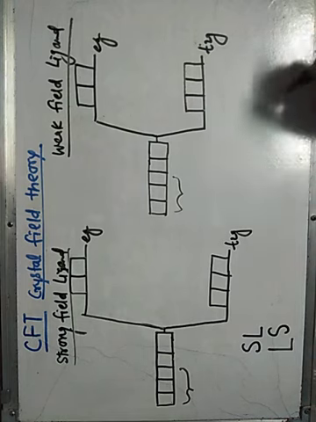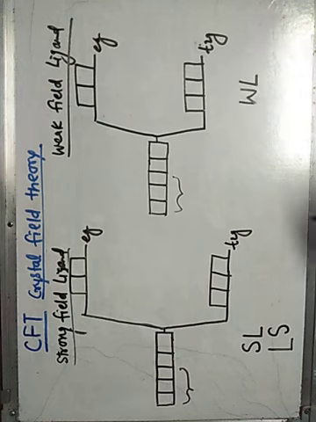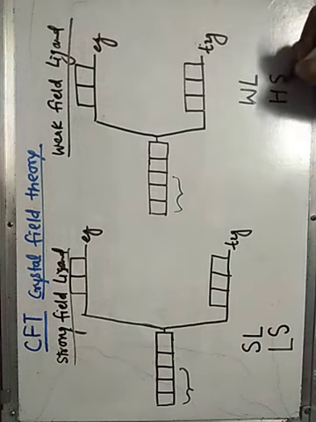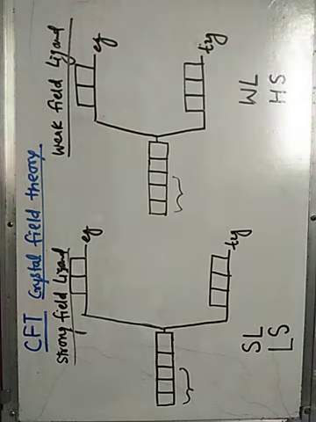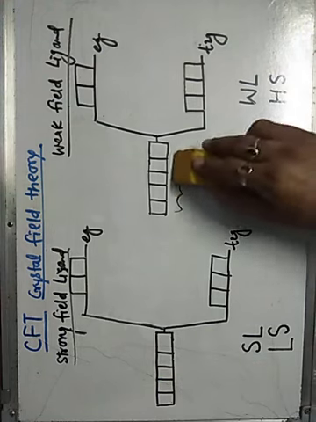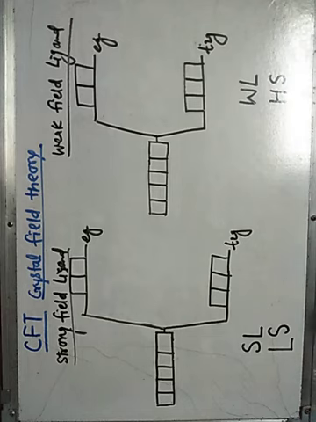If we have the weak ligand, then definitely high spin will be there. So low spin complex and high spin complex are the two cases we can discuss. I'm just mentioning here the magnetic property of each case. Let's see.